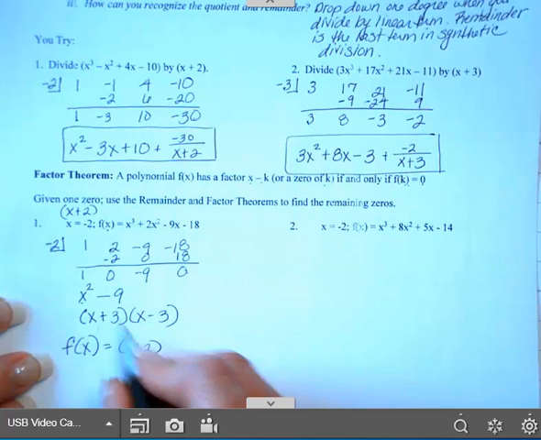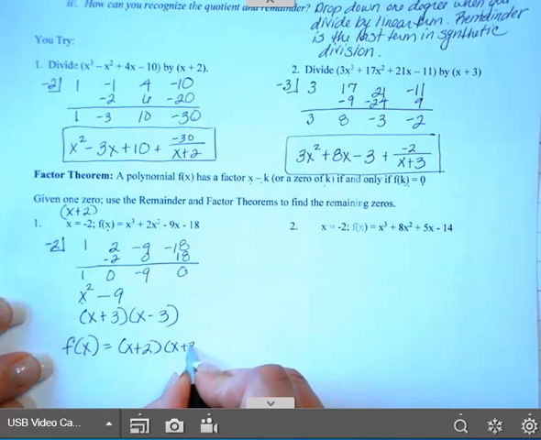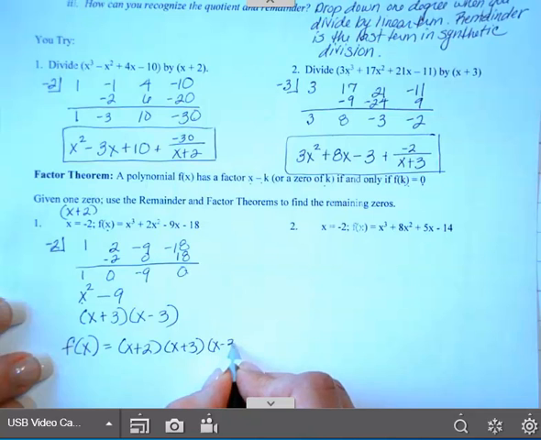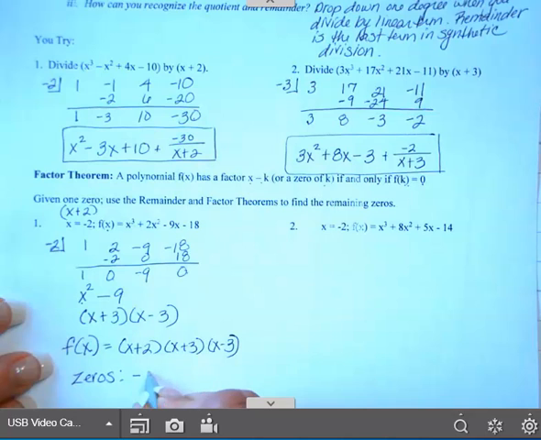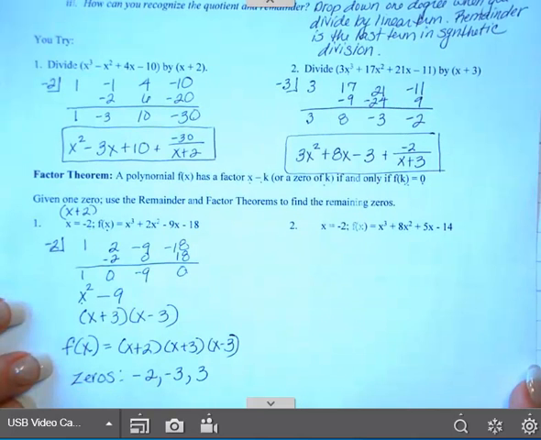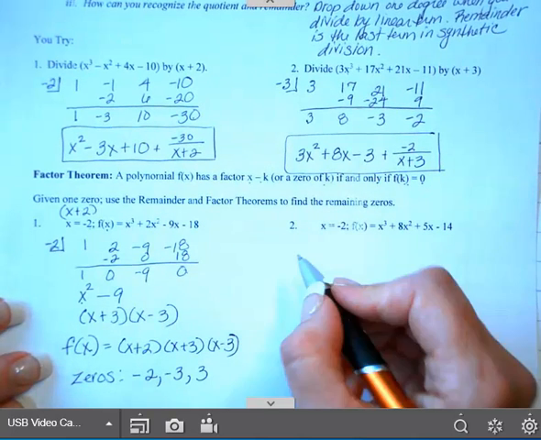The next factor was x plus 3. And the last factor was x minus 3. So if I wanted to determine what my zeros are, your zeros are when f of x, your y value, equals 0. And that happens when any of these factors are 0. So my zeros would be negative 2, negative 3, and positive 3. It has 3 zeros.